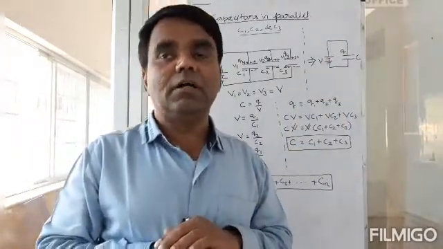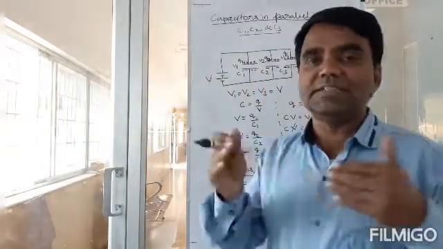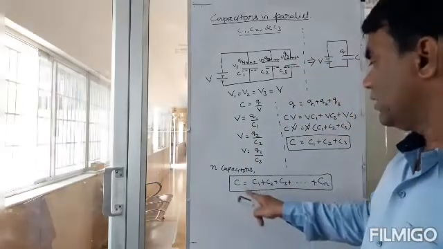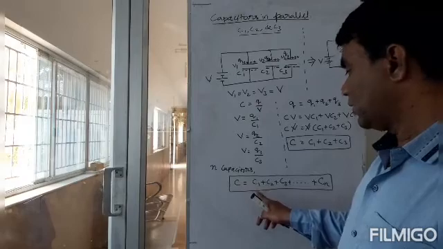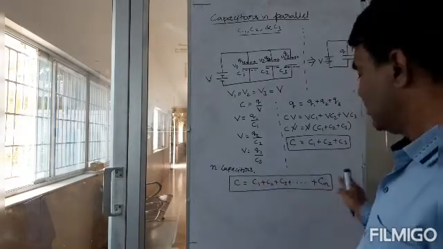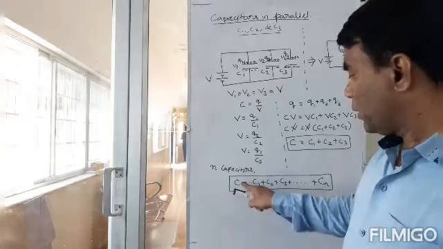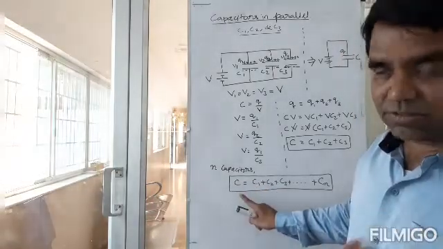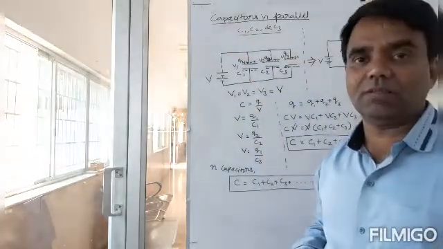When you had resistors in series, you got R equal to R1 plus R2 plus R3 plus Rn. This happened for series resistances. But in the case of capacitances, it happens when capacitors are connected in parallel.